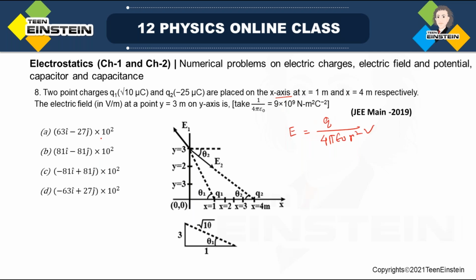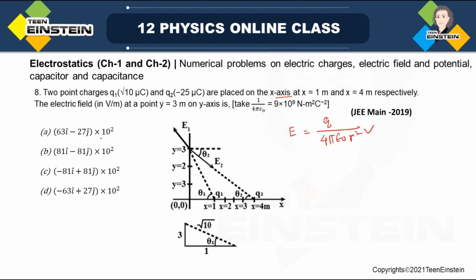And for Q2, this is the straight line distance. See, Q1 is a positive charge, and you know the electric field will always be directed from positive to negative or less positive charges.